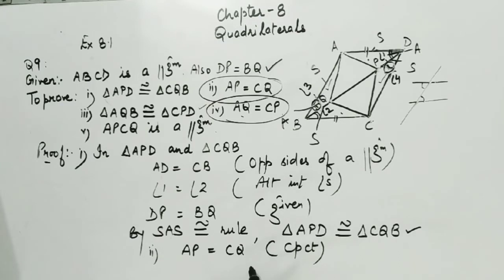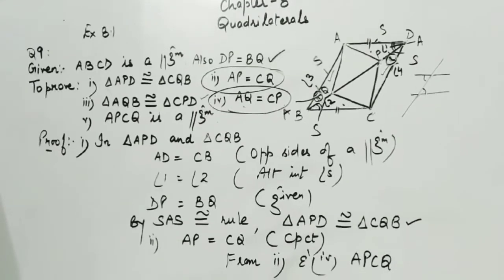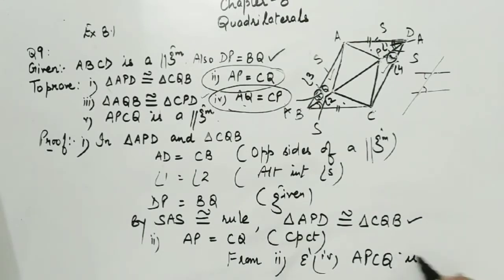So from the second and fourth parts, we can conclude that APCQ is a parallelogram. I'm sure this must be clear, and if there is a doubt, please let me know.